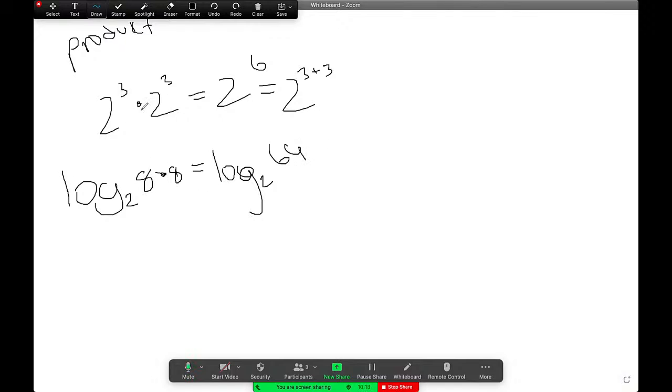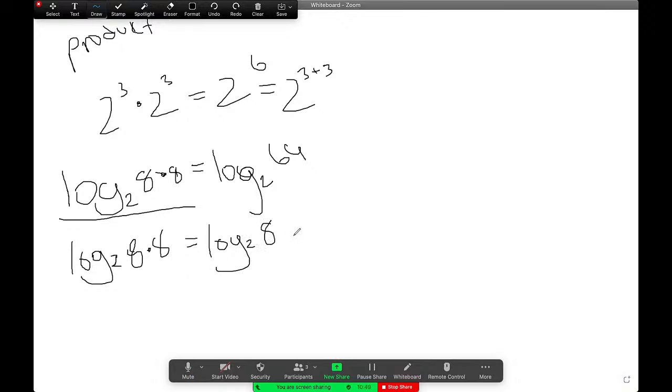And so let's try to use the actual rule here. If you have this, then this is the same thing. Let me just write it, 1 second. So you have log base 2 of 8 times 8 is equal to log base 2 of 8, plus log base 2 of 8.